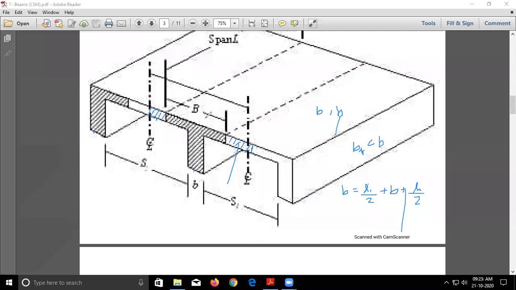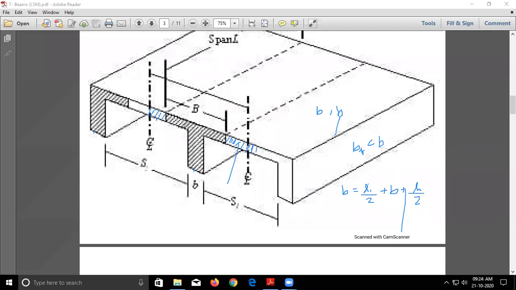We are actually placing the wall right above the beam, right? So the beam will take the load of the wall. Now as we move away from this web, the load taking capacity of this flange will reduce. So at this point it will actually not take any load, it will actually bend.